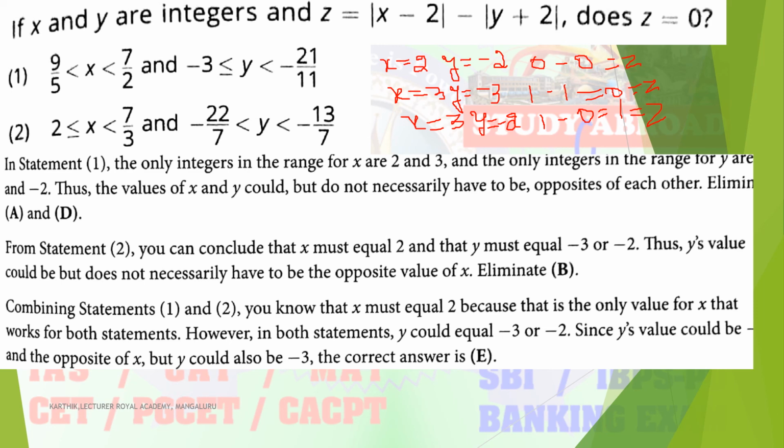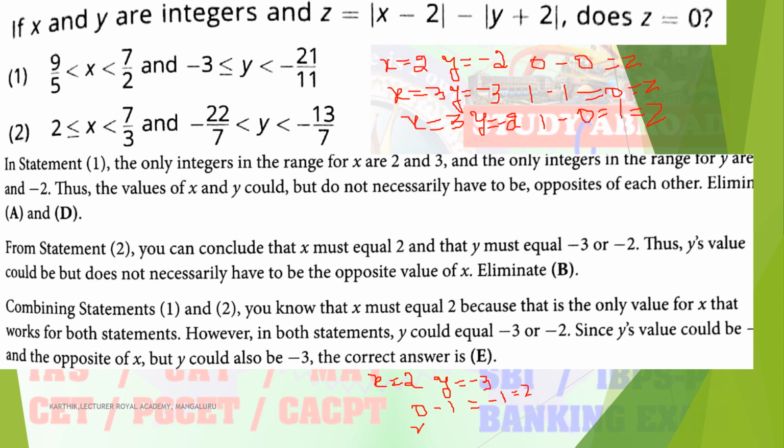Or else you just try x is equal to 2 and y is equal to minus 3. Just substitute: 2 minus 2 is 0, and minus 3 plus 2 is minus 1. So minus 1, the modulus is there, you will get 1. That is z, the first answer.